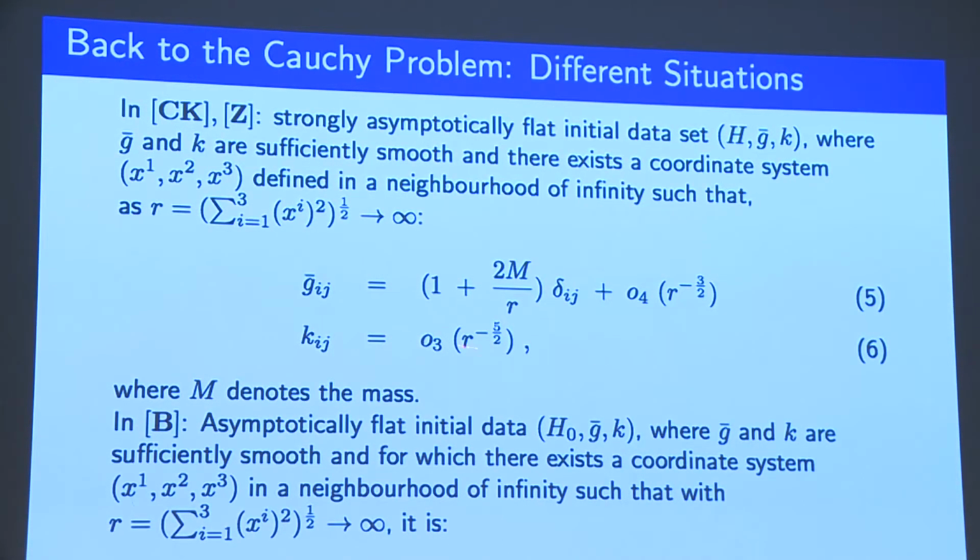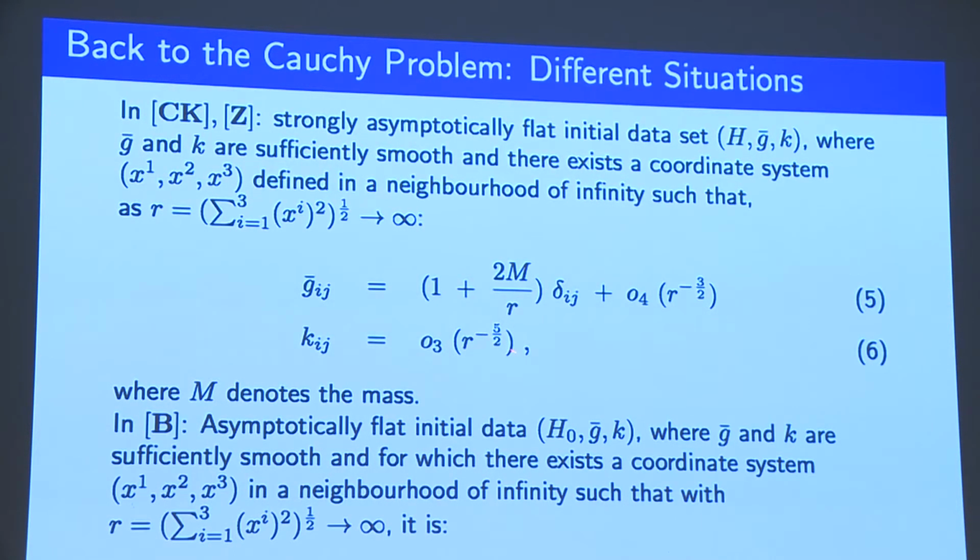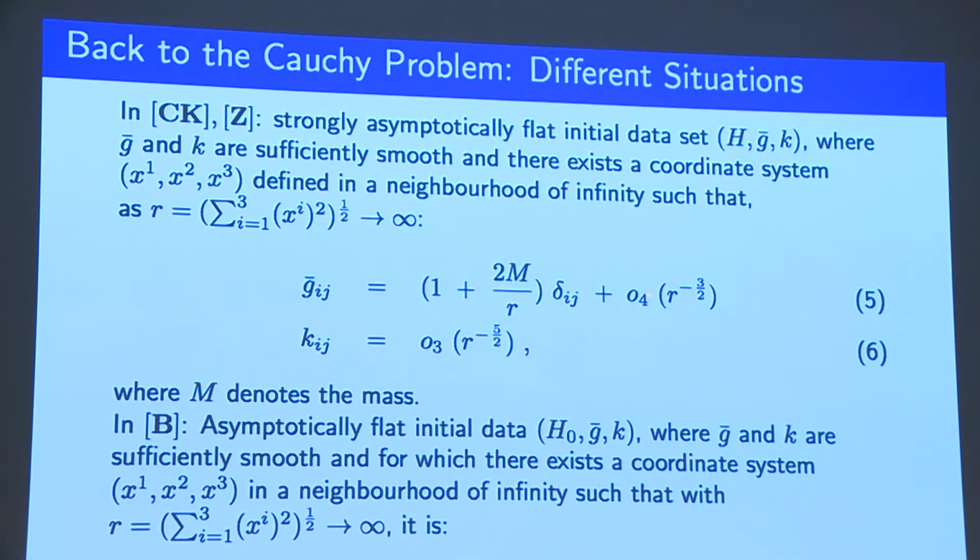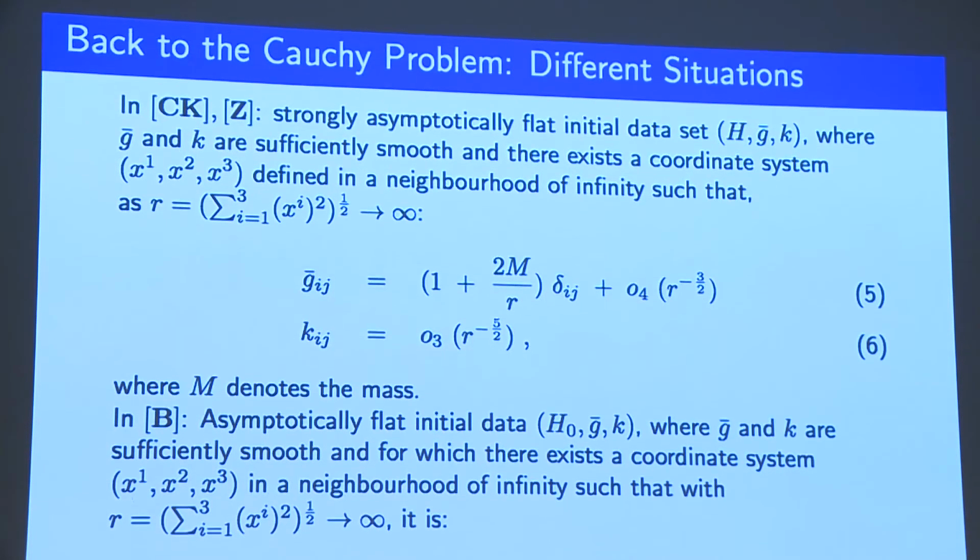For large r, your ḡ has a form like 1 plus 2m over r for the first term, and the remainder decays like, let's say, r to the minus 3/2, and the corresponding decay is also for K with some regularity. And in my generalization of this result, I have less decay.